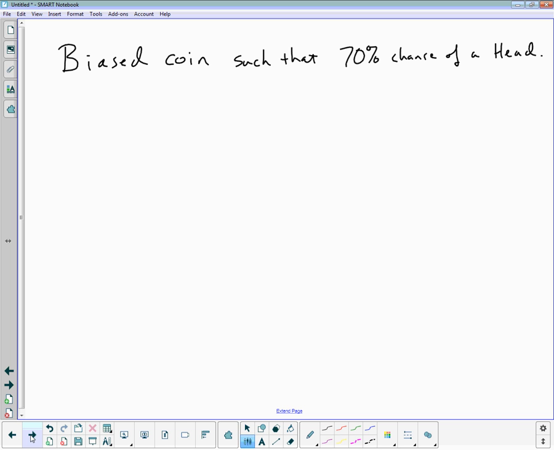Since we know the probabilities add up to 1, what else do I know? 30% is tails, which is 0.3. Therefore, the probability of tails is equal to 0.3, and obviously I can state the probability of heads explicitly as 0.7.